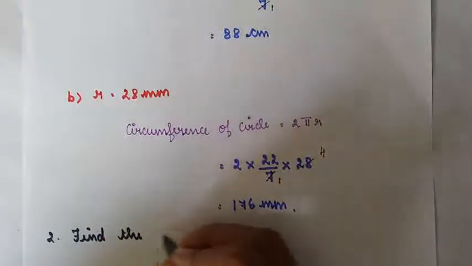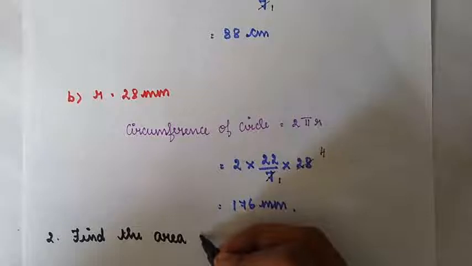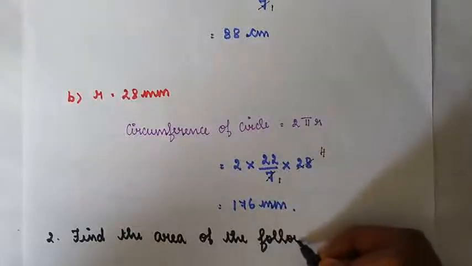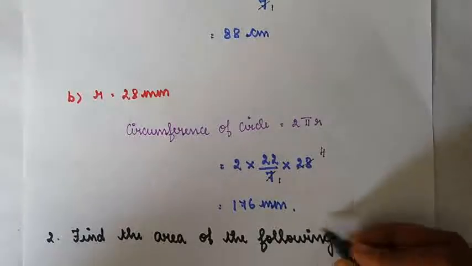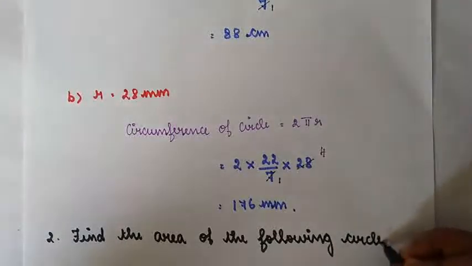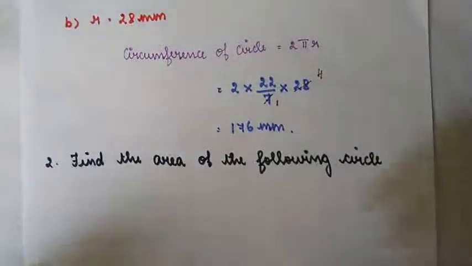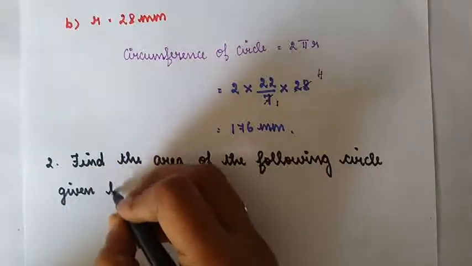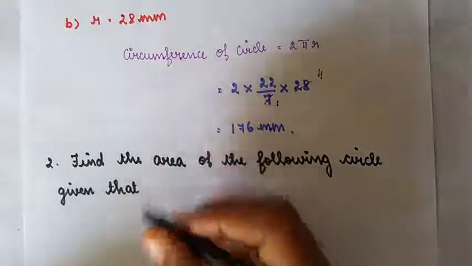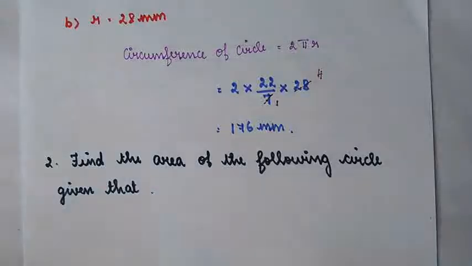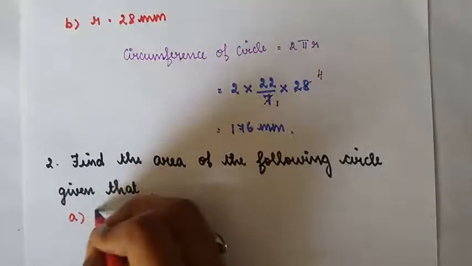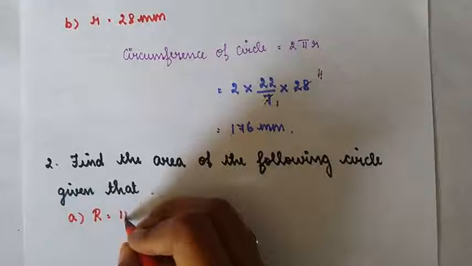Next let us take question number 2. Find the area of the following circle given that, we take A subdivision, radius r equal to 14 meter.